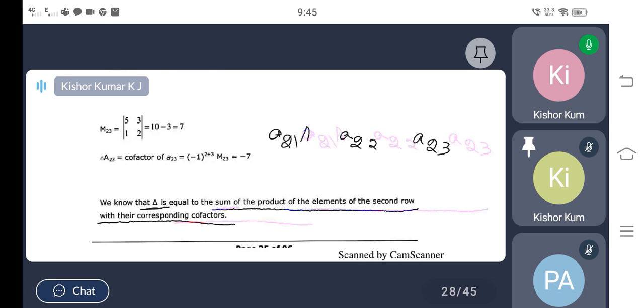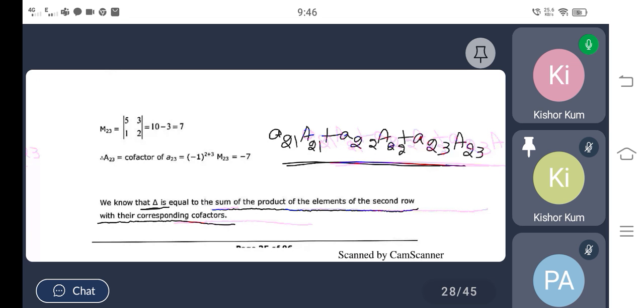Small a21 into capital A21 plus small a22 into capital A22 plus small a23 into capital A23. So this is the determinant value. That is what we mentioned in a sentence here, but there is no need to mention the sentence. If you know it, you can directly write that a21 into capital A21 plus a22 into capital A22 plus a23 into capital A23 is satisfied for any given determinant.